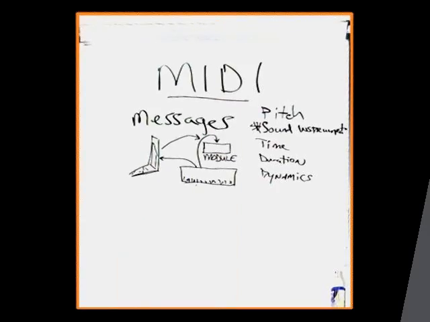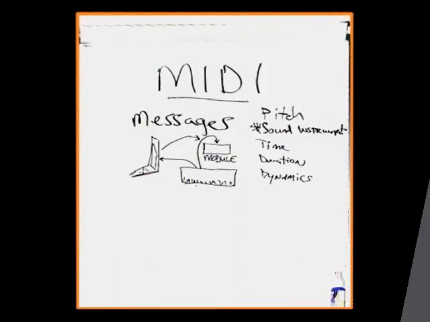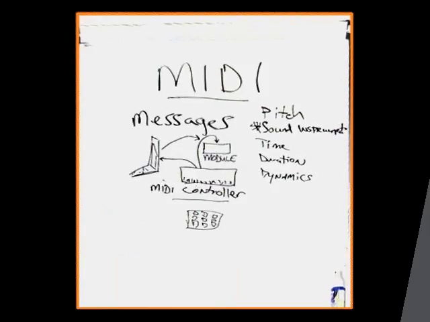okay? Now, in this instance, I call this keyboard a keyboard controller. A controller can look like a keyboard, or it can look like a drum pad, right? With a bunch of little pads on it like this. I touch a pad, it sends a message, and it makes a sound.